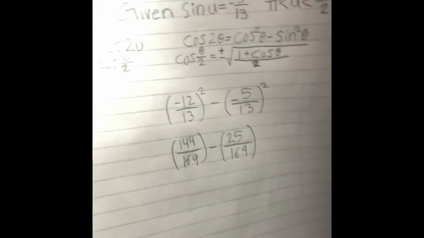So now we have this remainder. Then 144 minus 25, since they're both over 169, we get 119 over 169, which is what cosine of 2u is.